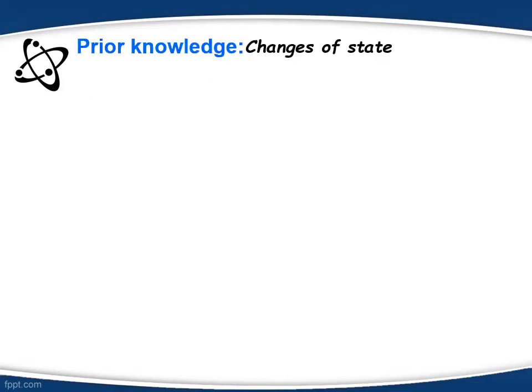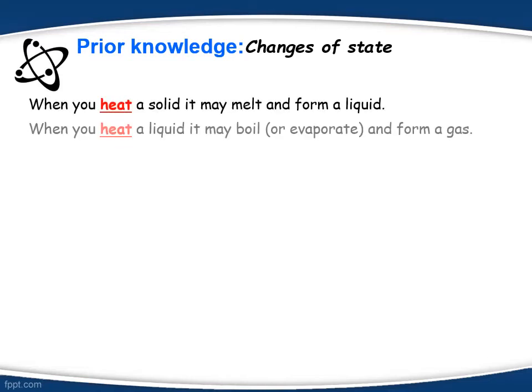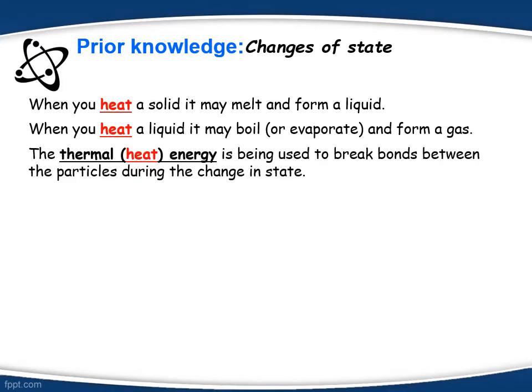So let's talk about the prior knowledge, what we have done in the previous lessons: changes of state. Changes of state depend on the temperature. Remember, when we heat a solid, it may melt and form a liquid, or a liquid can change into a gas. The reason is thermal heat energy, which is used to break bonds between the particles during the change in state.